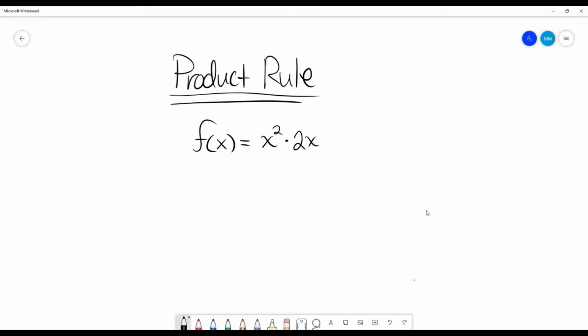So instead we use the product rule, which tells us that we take our first term times the derivative of our second term. So this is our first term, this is our second term, and then we add that to the derivative of the first term times the second term. So our u is x squared, so it's going to be x squared times whatever the derivative of 2x is.